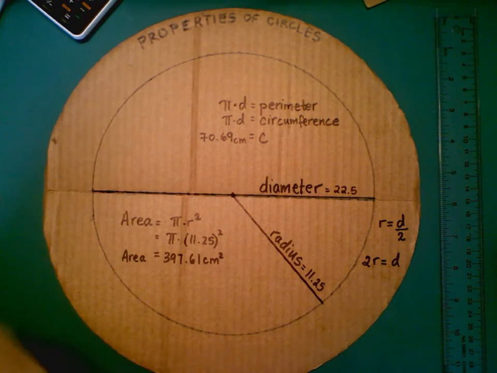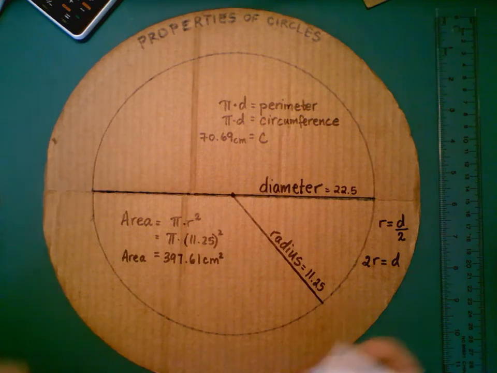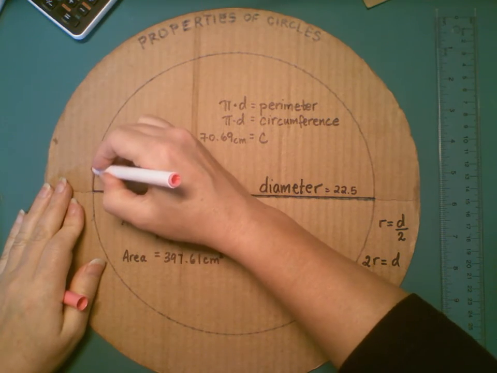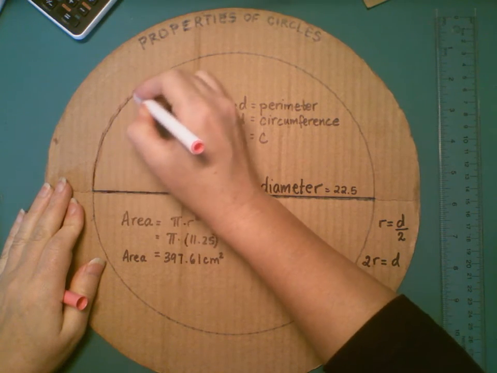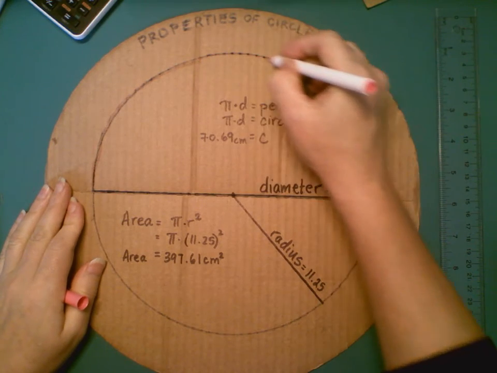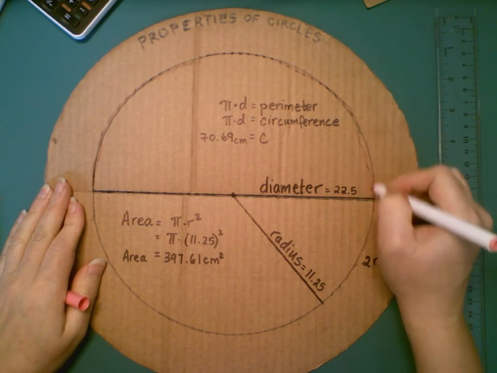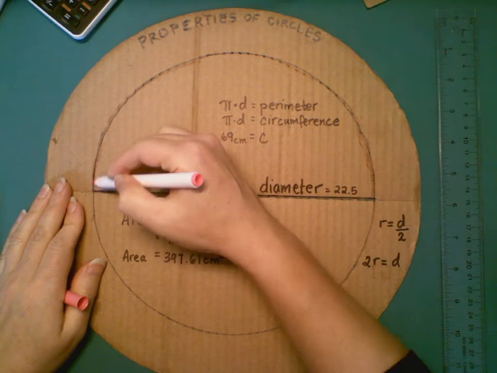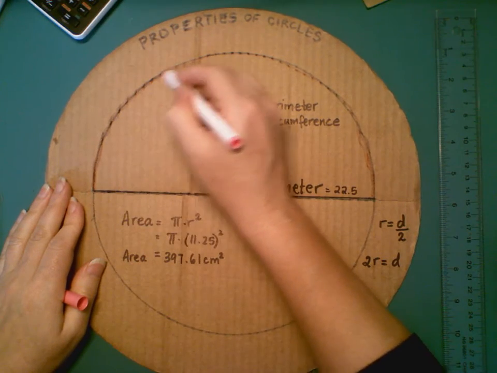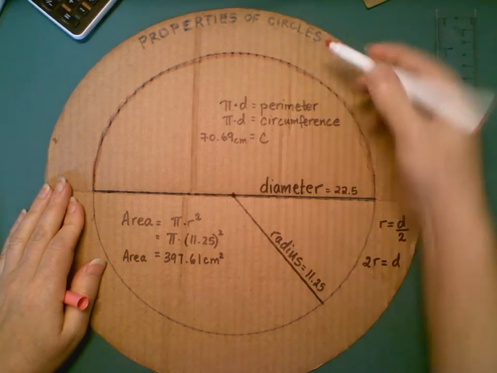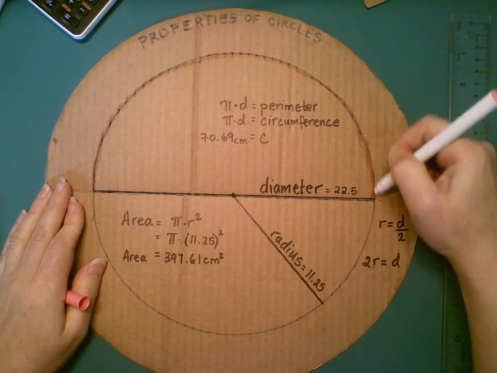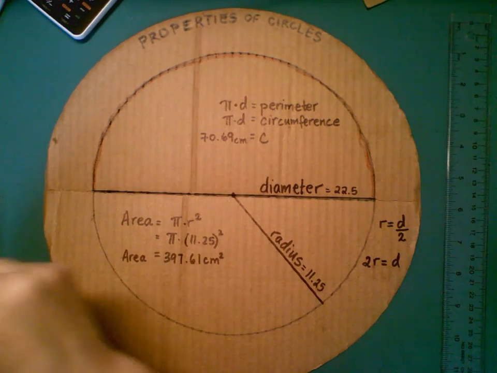Okay, another piece of vocabulary to be aware of is if you are being asked to find the perimeter of half a circle, that's called a semicircle.